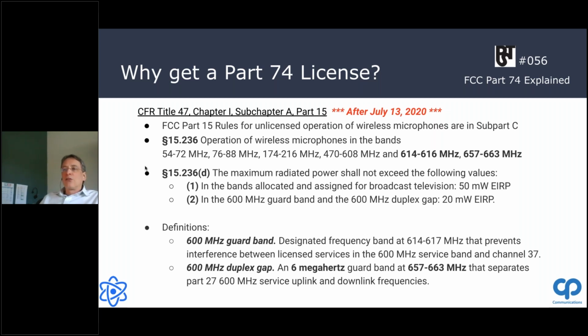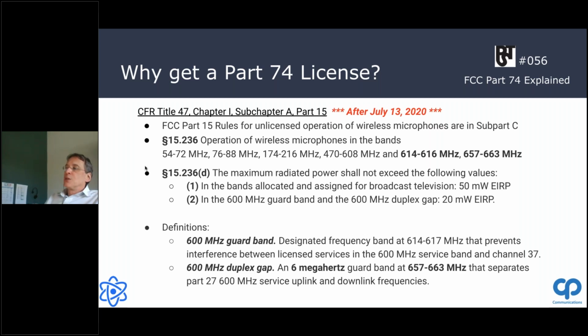So now if we look at the next slide, after July 13th, you can see a couple of changes. First of all, your permissible operations above channel 37 is now limited to 614 to 616. 616 and 617 has gone away because that is now a guard band.